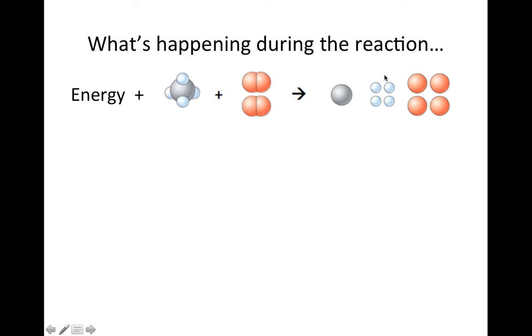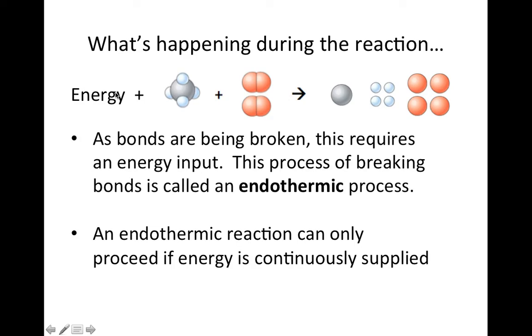Now this takes energy to do, which is why energy is on this side of the equation. As bonds are being broken, this requires an energy input. We call this an endothermic process because energy is going in. Endo means in, therm means heat. So what we're talking about is energy moving into the system or the process that's happening.